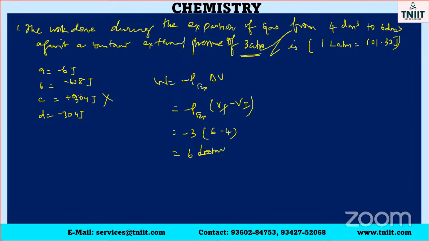Volume is in liters and pressure is in atmospheres. Here they've given 1 liter atmosphere is 101.32 joules. So work done in terms of energy is minus 6 into 101.32, which is equal to minus 608 joules. Therefore, the answer for this question is option B, minus 608.